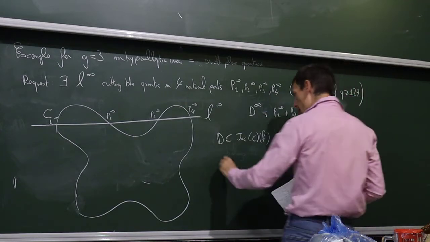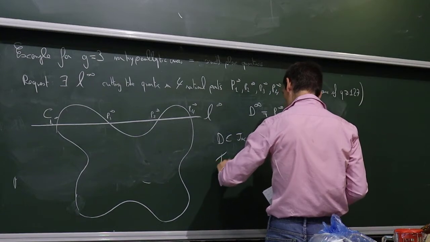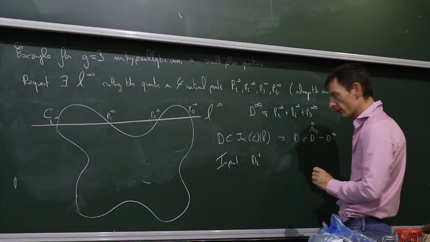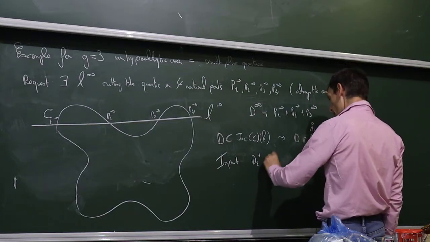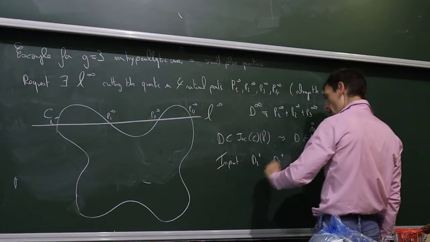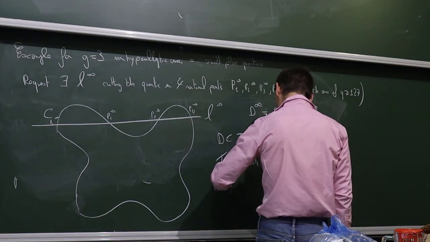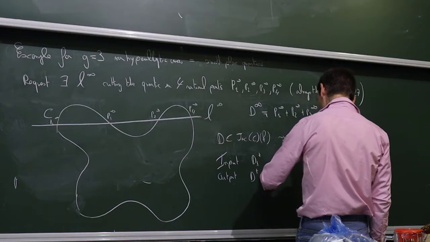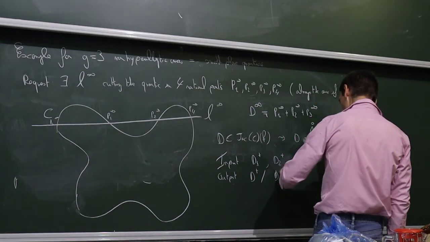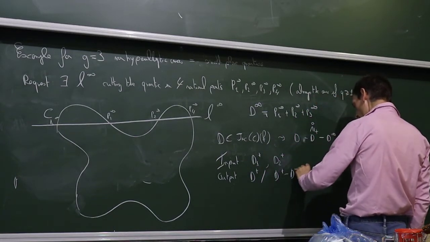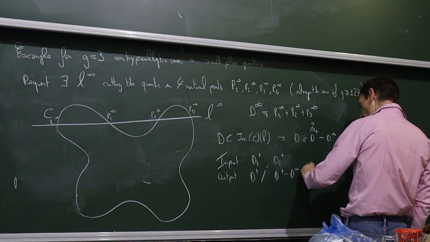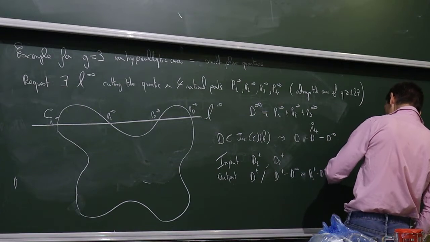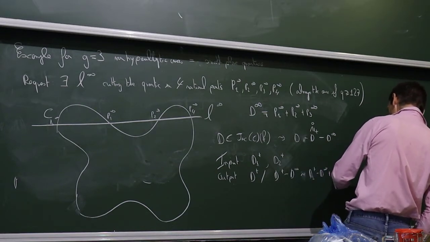And now the game: my input is two effective divisors of degree 3, D1 plus and D2 plus, and the output would be a divisor D plus such that D plus minus D infinity is D1 plus minus D infinity, plus D2 plus minus D infinity.